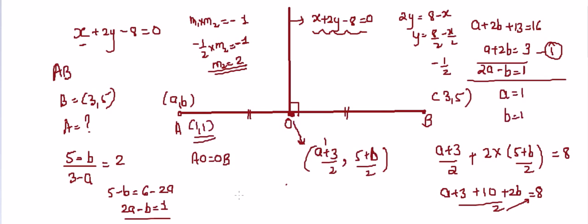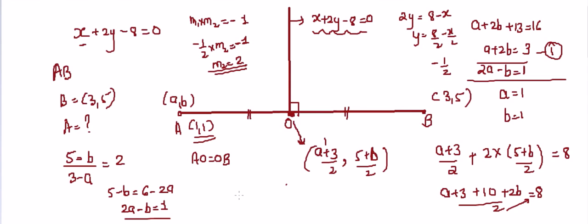So I'm again repeating. Basically there is a line AB given, but one endpoint's coordinates are not given, while B's coordinates are given, that is (3, 5). And there is another line x plus 2y minus 8 equals 0, which is perpendicular to this line, and also it's bisecting that line. Since two things are given, perpendicular and bisector, first we take the bisector.